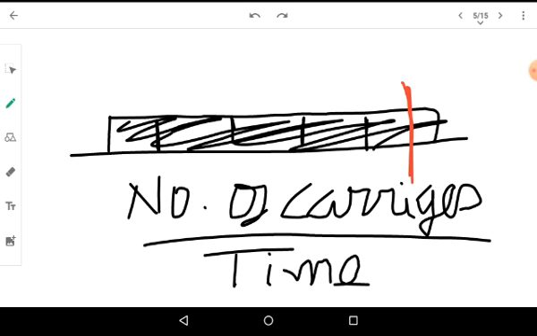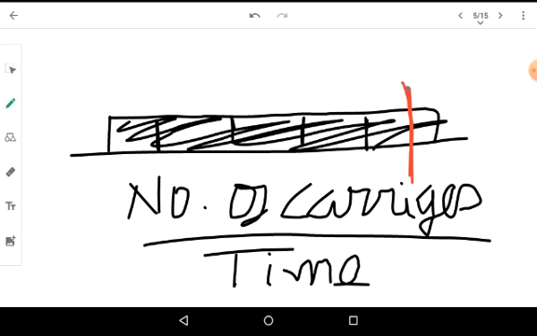Okay, so now this is the pole, and the train is passing. Similar to the train, we have a wave. And what are the carriages here? These are the crests and troughs. So we can say it is the number of crests and troughs in a wave that pass through in some time. We also denote it as 1 upon t.